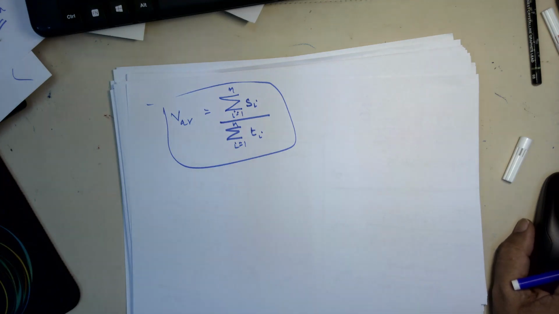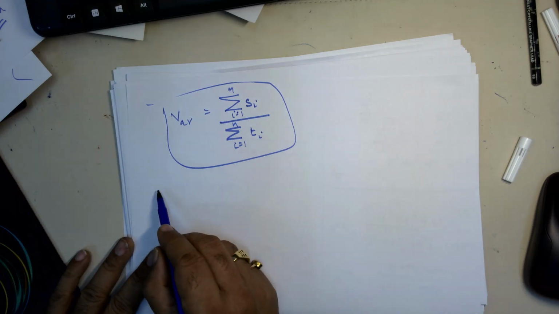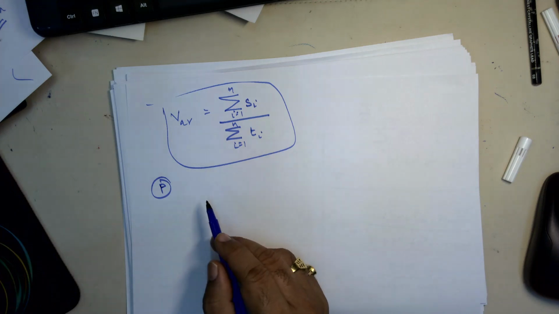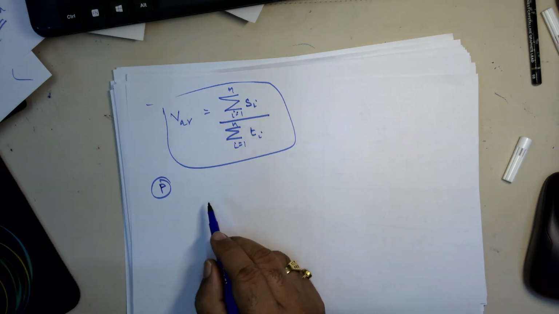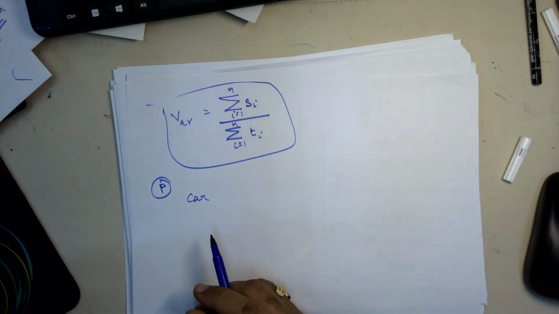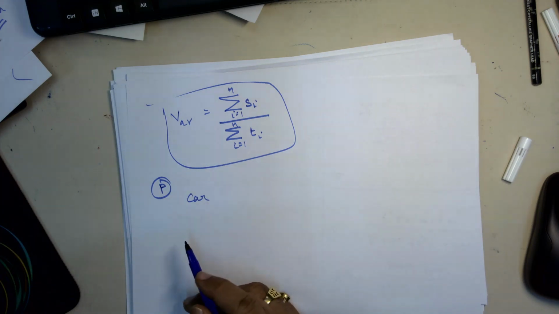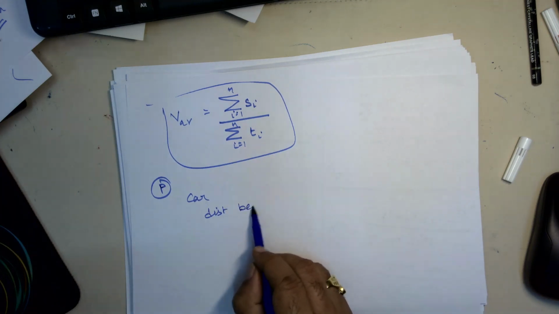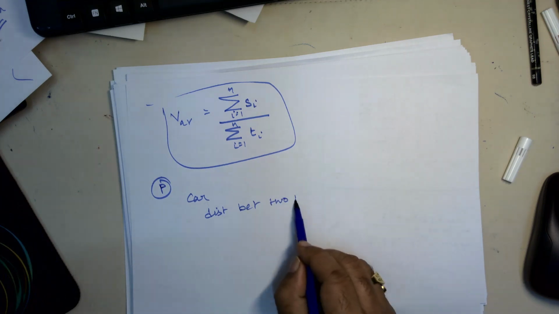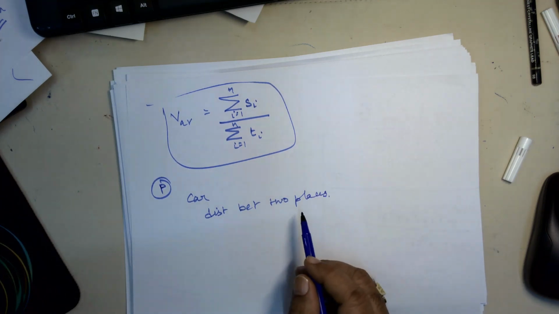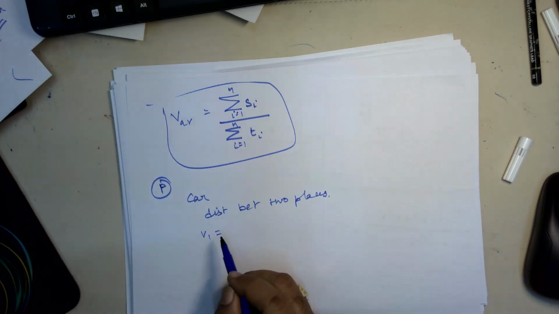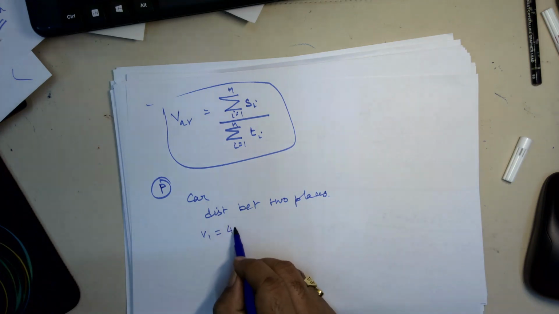Take down. Next problem. Your car covers the first half of the distance between two places at a speed of 40 kilometer per hour.